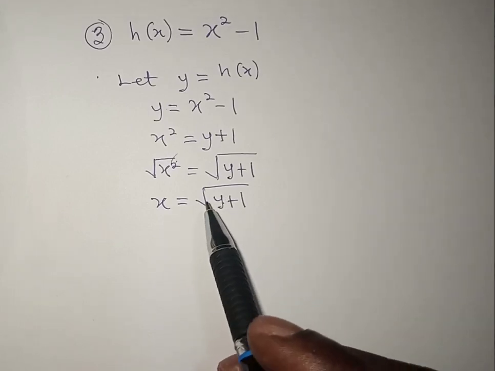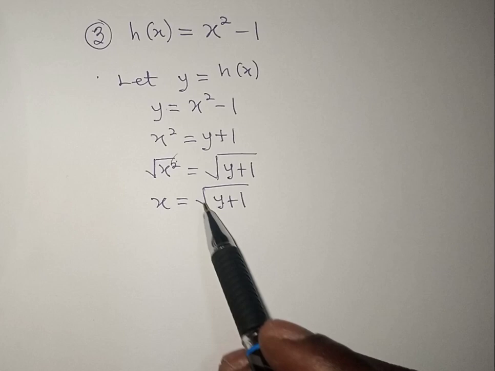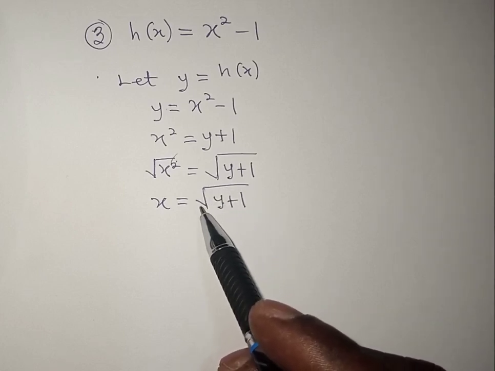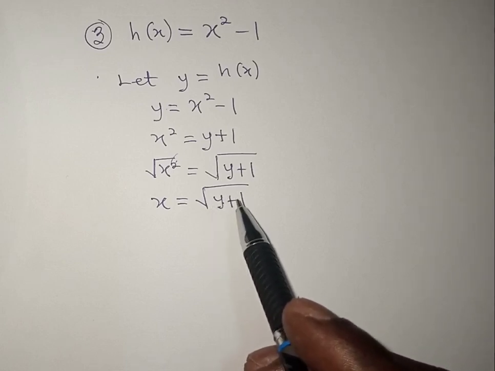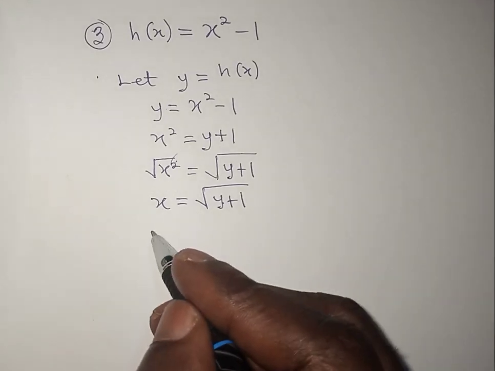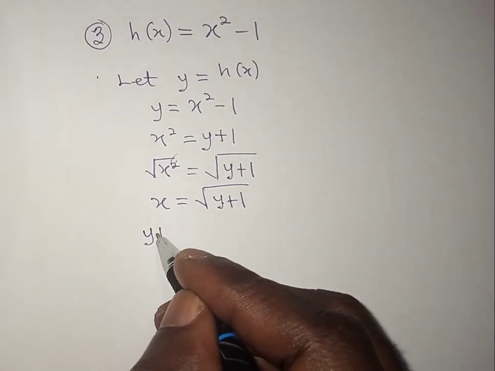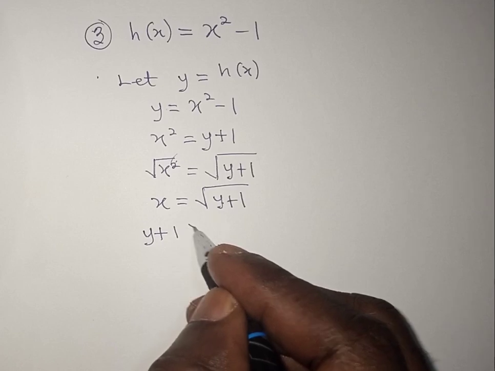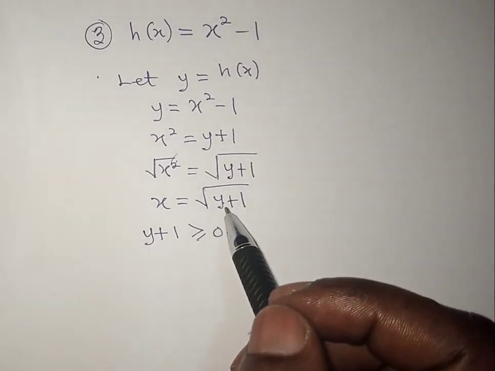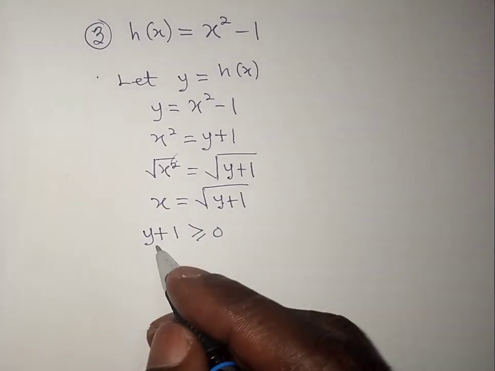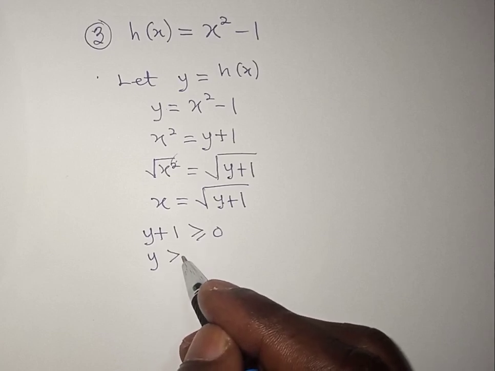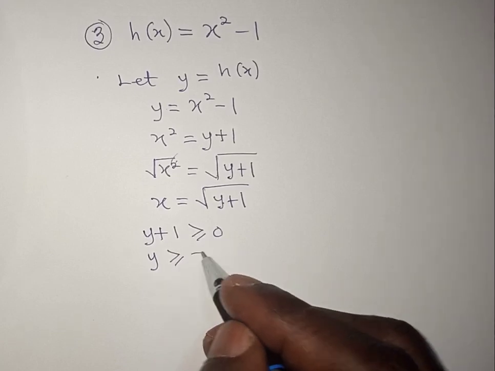You remember what we did in the domain when it has a radical function. The only way it can be defined is when whatever is here is greater or equal to 0. Okay, y plus 1 should be greater or equal to 0. That's the only way x can be defined. If that's the case, then my y should be greater or equal to -1.